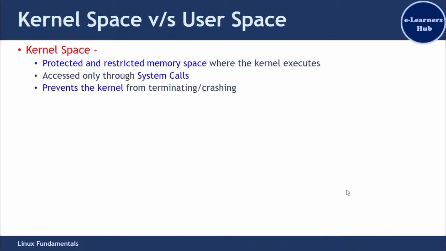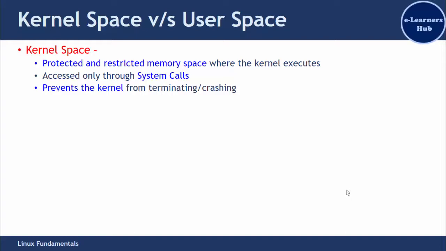The kernel space is a restricted memory space where only the system or the kernel processes are running. The user processes cannot be executed or cannot run in the kernel space. So this space is accessed only with the help of system calls.